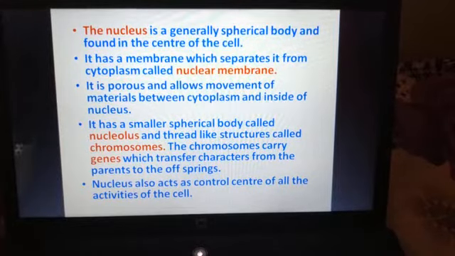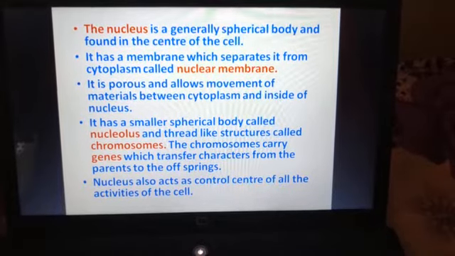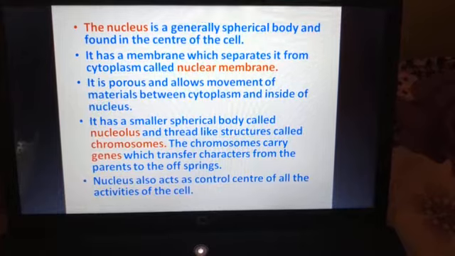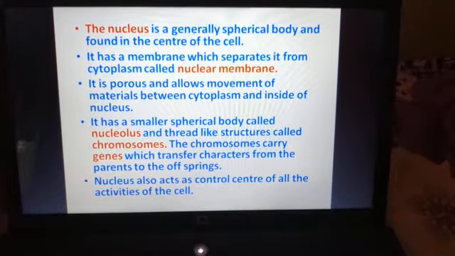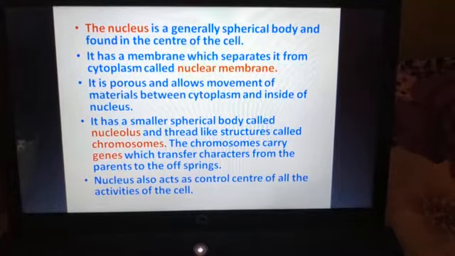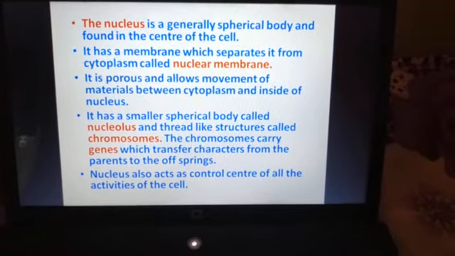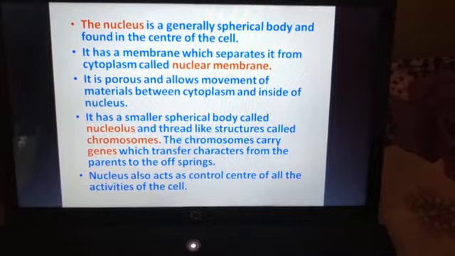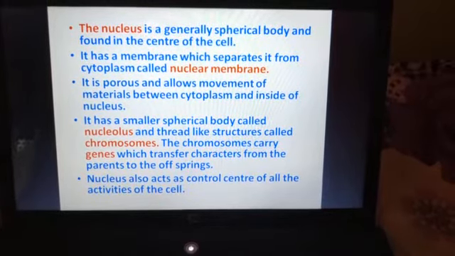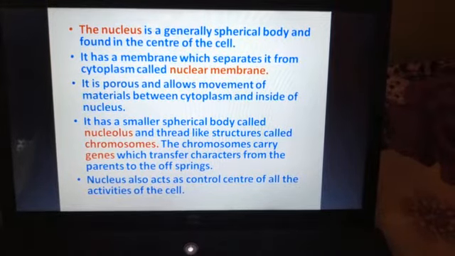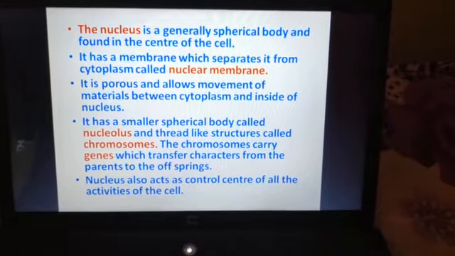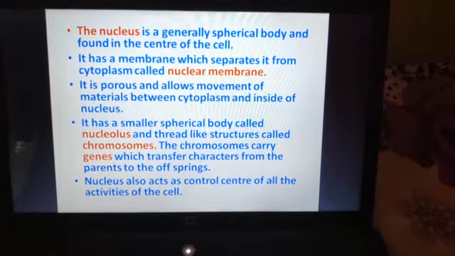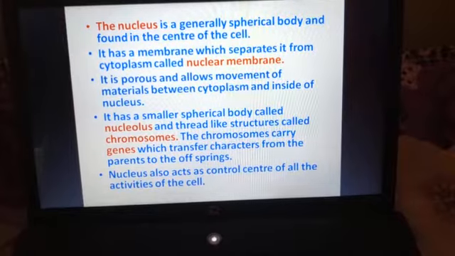Because of these, we look quite similar to our parents because we inherit our characters from our parents. So for example, if the parent have brown color hair, there is a probability that the children may also get a brown color hair.